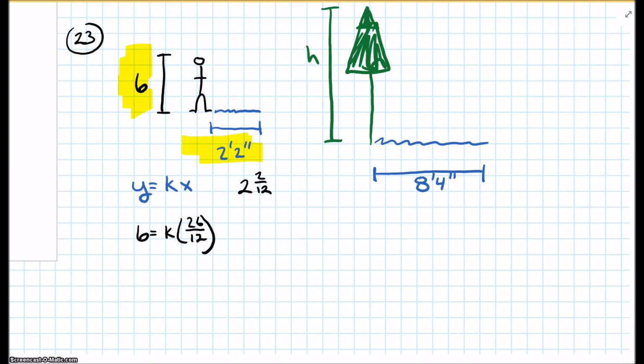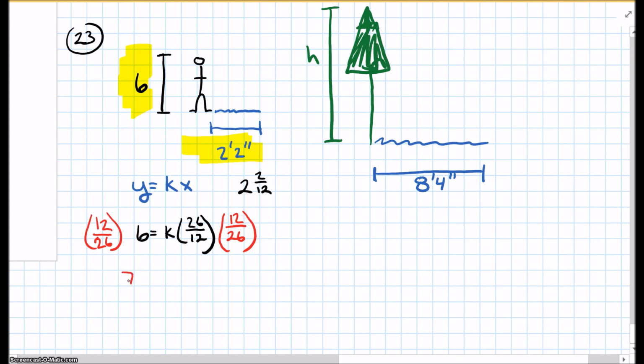Okay, to get k by itself, I'm just going to multiply by the reciprocal of 26 over 12, which is 12 over 26. Whatever I do to one side of the equation, I have to do to the other. So, I'm going to multiply. That's going to be 72 over 26 equals k.